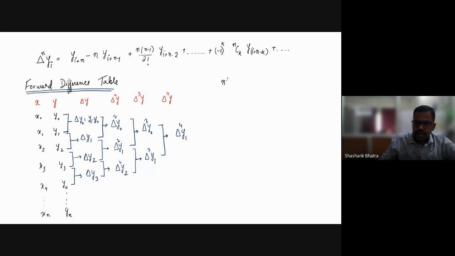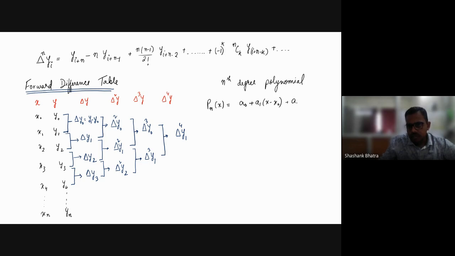So for any nth degree polynomial, suppose Pn of x, I can write it down as a0 plus a1 (x minus x0) plus a2 (x minus x0) multiplied by (x minus x1) plus a3 (x minus x0)(x minus x1)(x minus x2), and so on.